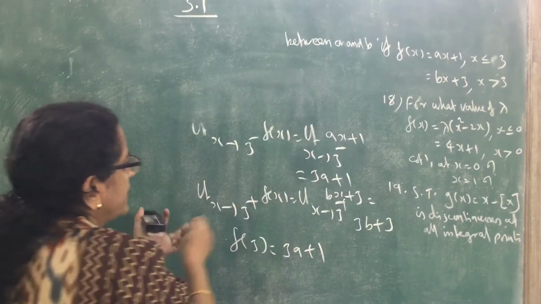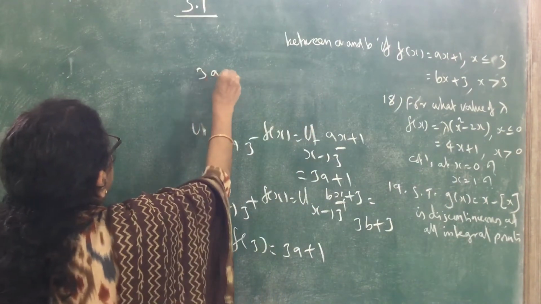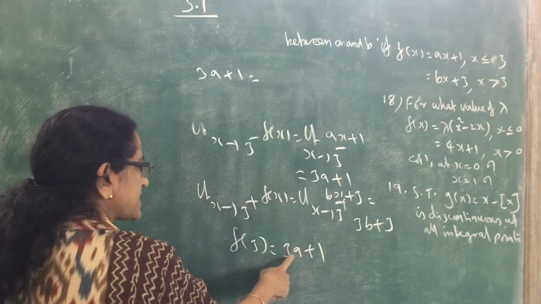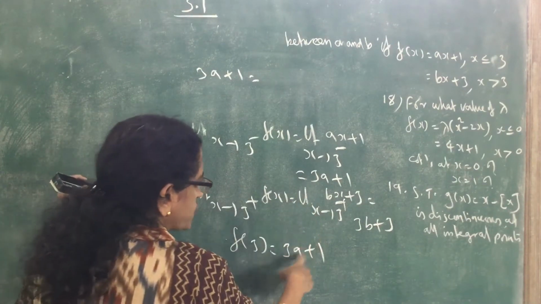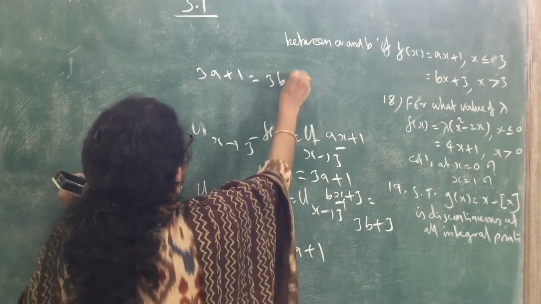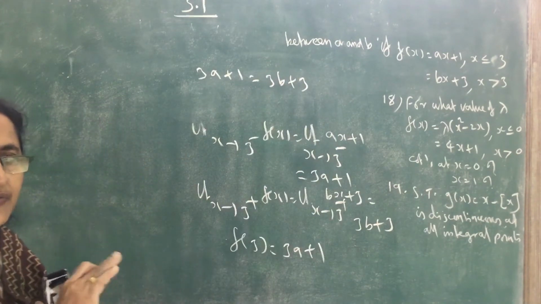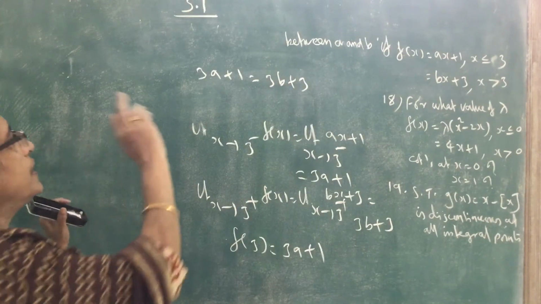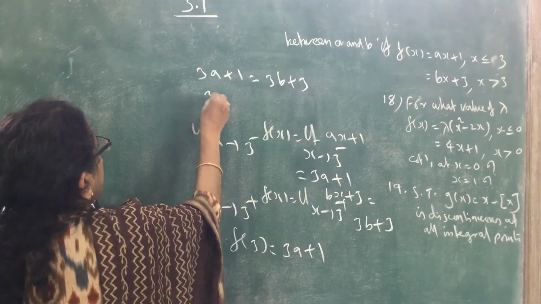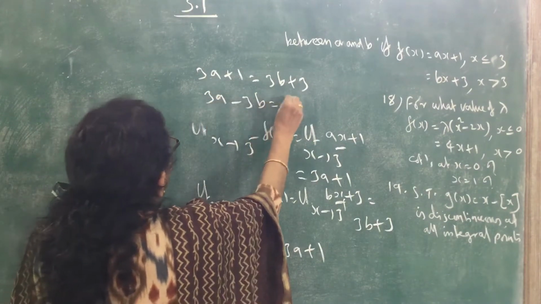So we got 3a plus 1 equal to 3b plus 3. Using that we can find the relationship between a and b.